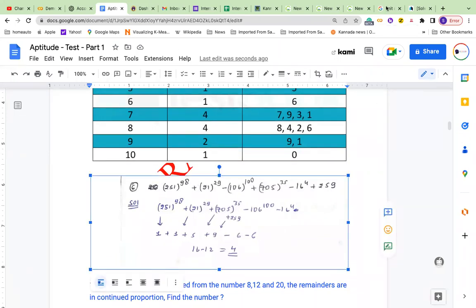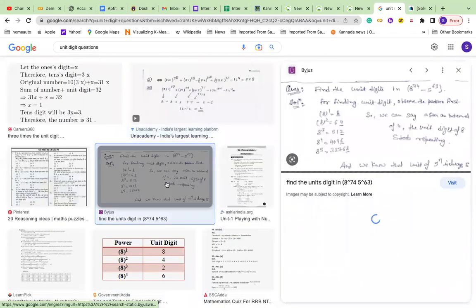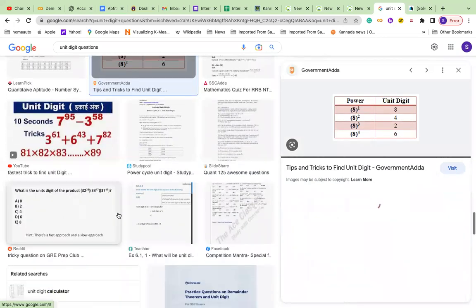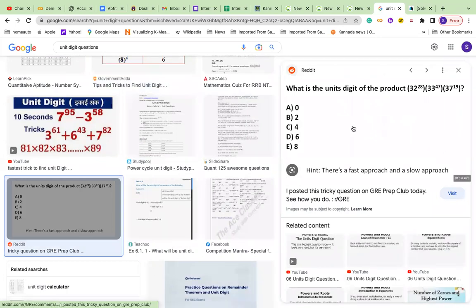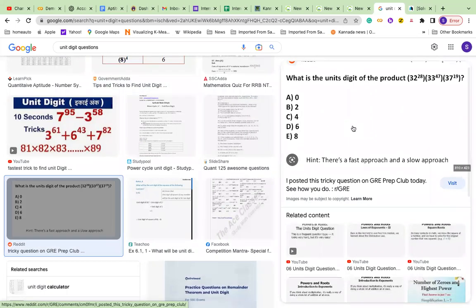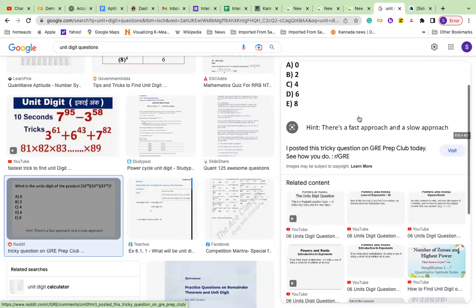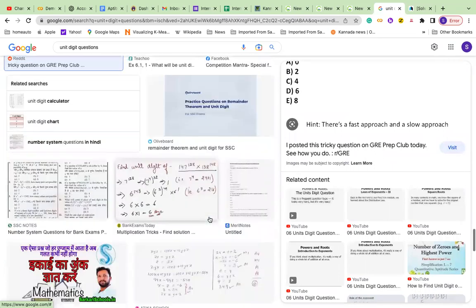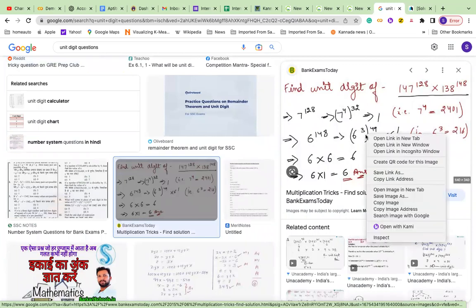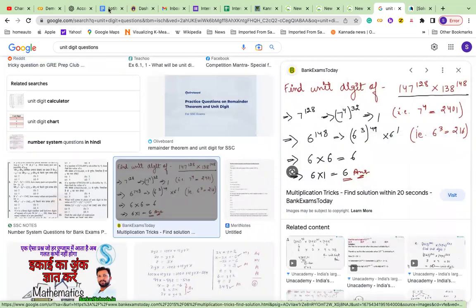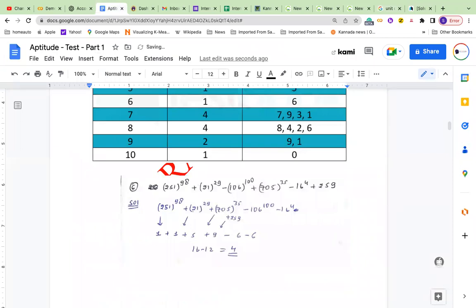One more example. These are usually GRE, CAT, GMAT kind of questions, but still they will ask you. This is an easy one, just to understand this concept, that's it. So fine. Any doubts?